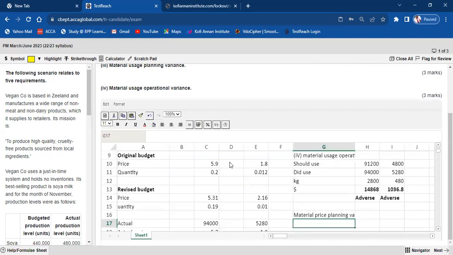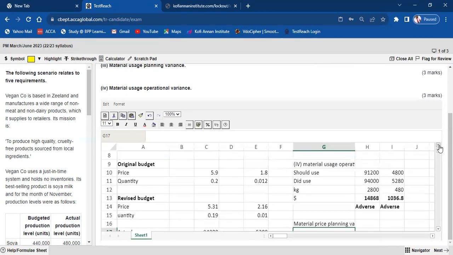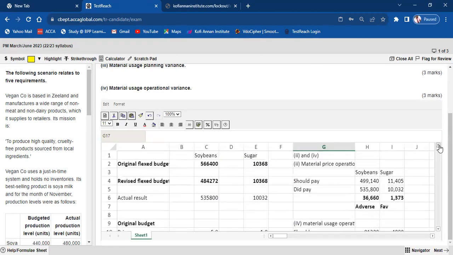Yes, and that of planning, we found the difference between the original and the revised. Before, we use those figures to find the price material variances. But here, I'm not seeing.